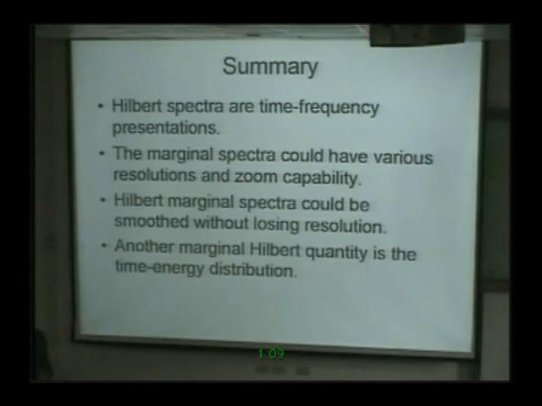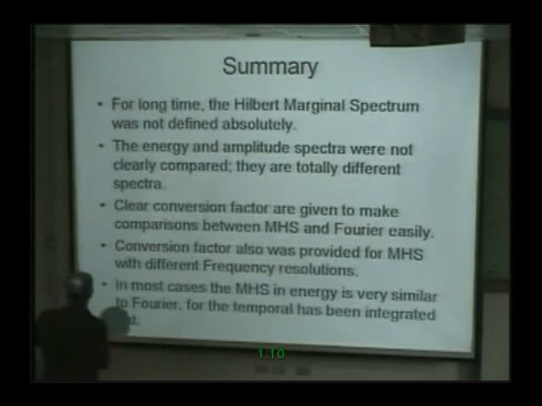And you have to be very, very careful when you compare with the Fourier spectrum. It's not automatic that one will fall on top of the other. You need all these normalizing factors. For a long time, the Hilbert marginal spectrum was not defined absolutely.